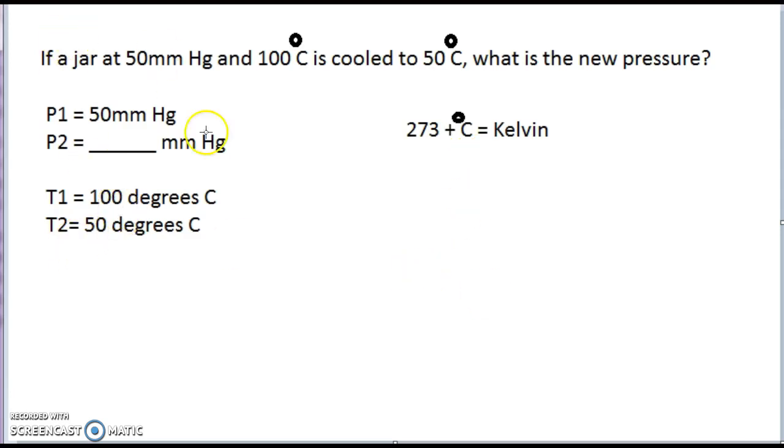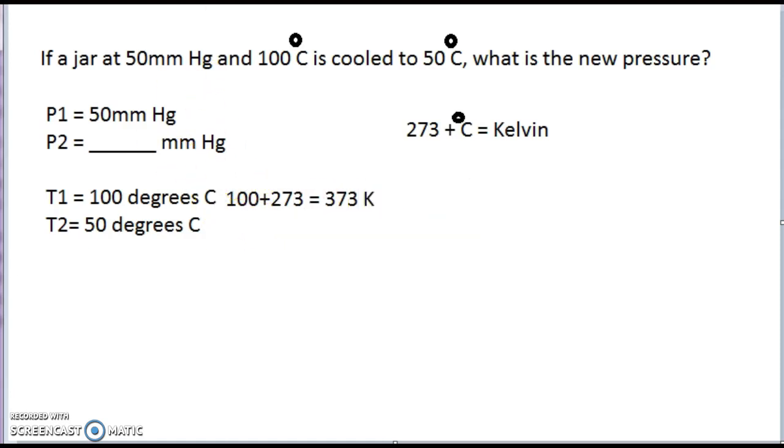So if our original temperature was 100 degrees Celsius, how many Kelvin would that be? I would simply take 100 plus 273, and it is 373 Kelvin.